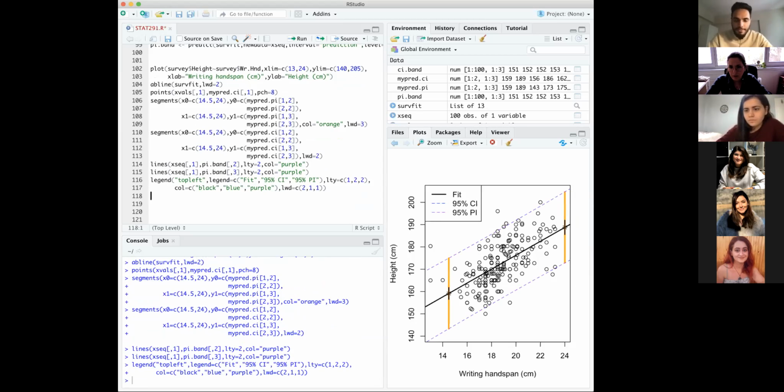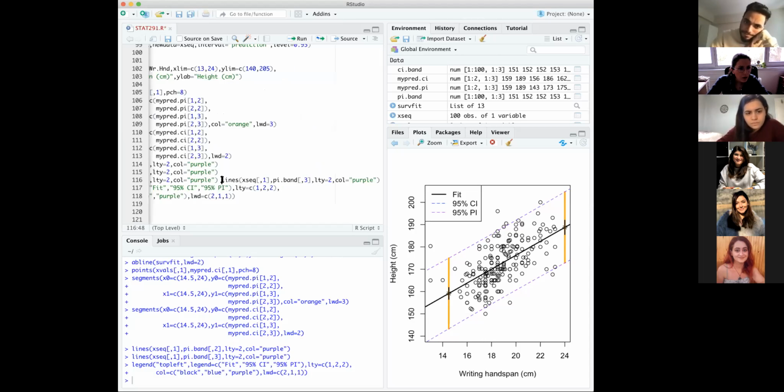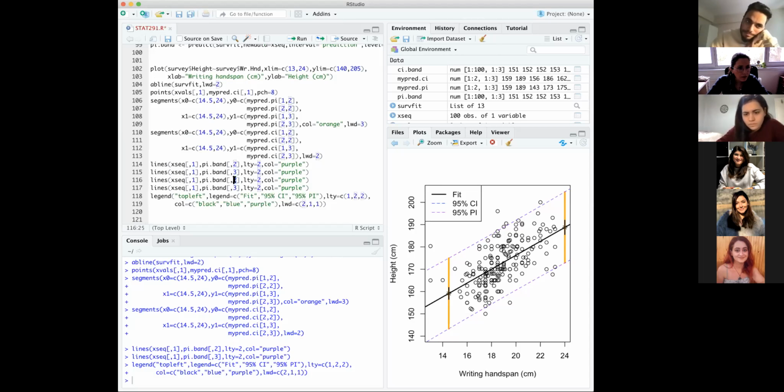I think your graph is missing the confidence interval part. Yeah, my graph is missing something. I didn't add confidence interval bands in here. No, not this one, they're all the same color.